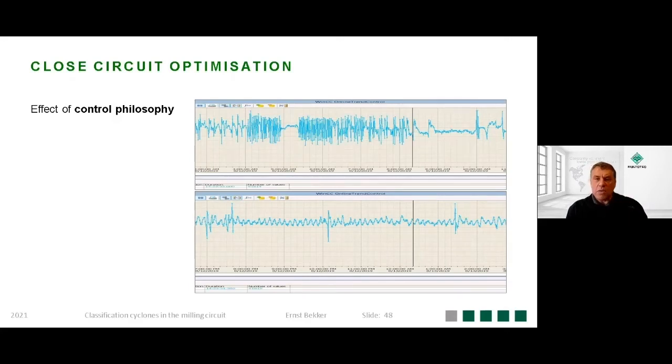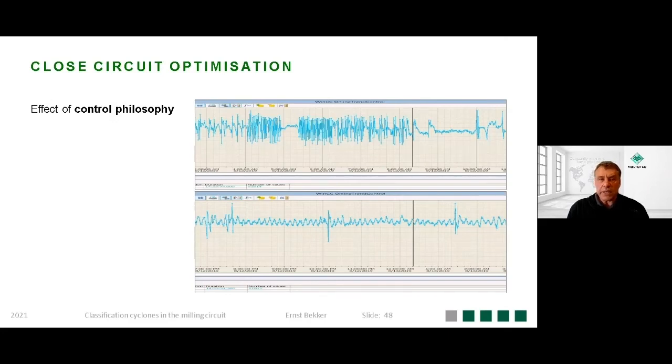The cyclones will go into a roping condition. It will then misplace coarse material to the overflow, and they started to get beaching, sanding up of the leach tanks.